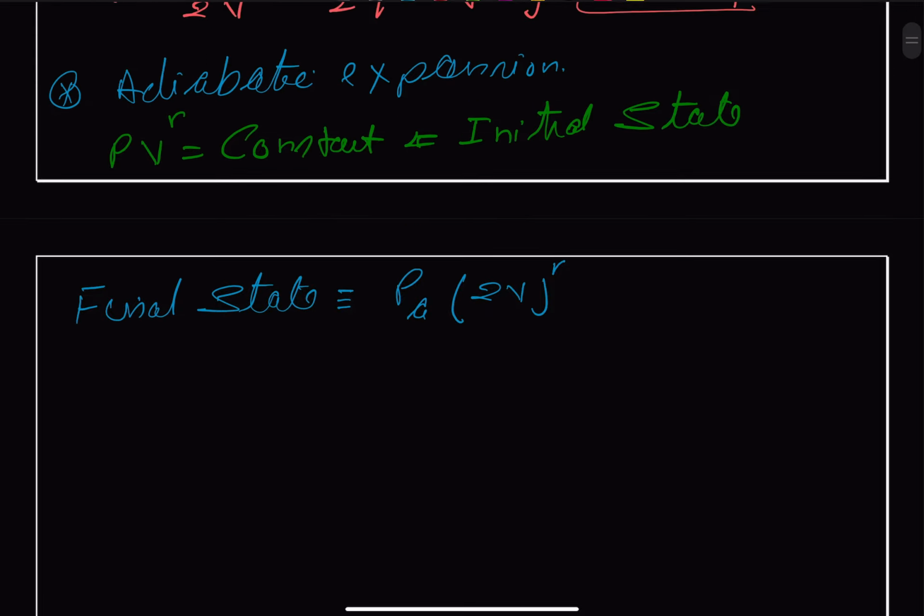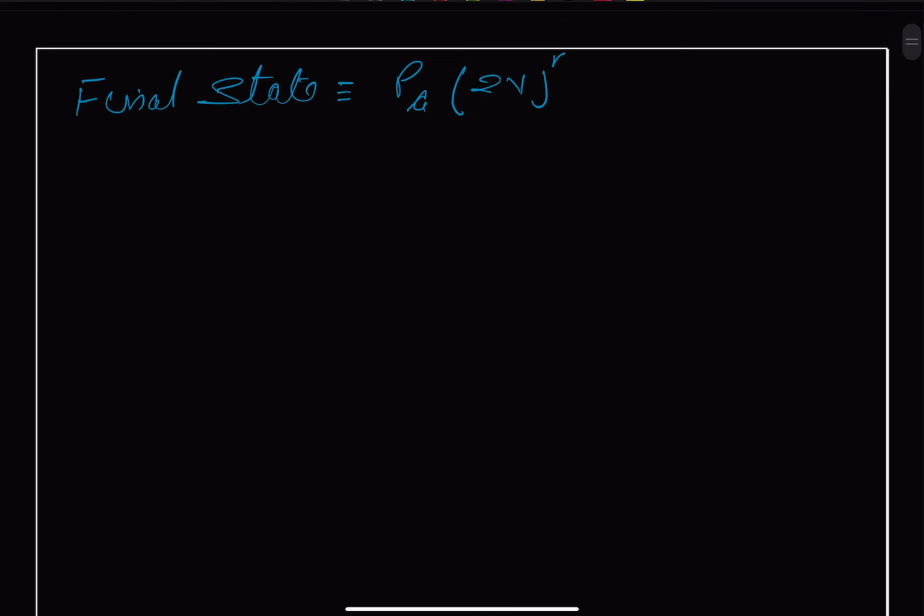In this case we can just equate them, and we know that PV raised to power gamma should be equal to Pa times (2V) raised to power gamma. From here the adiabatic pressure is P times V upon 2V, whole raised to power gamma.